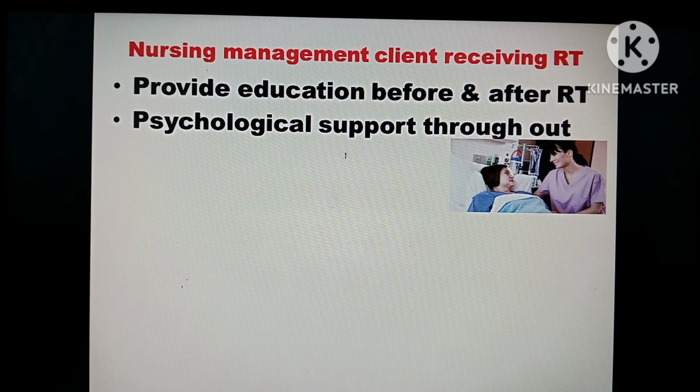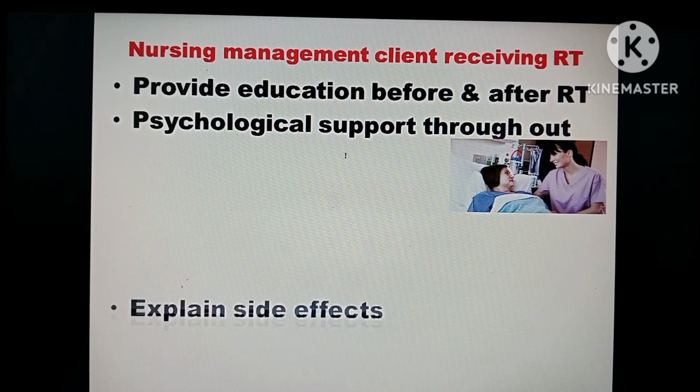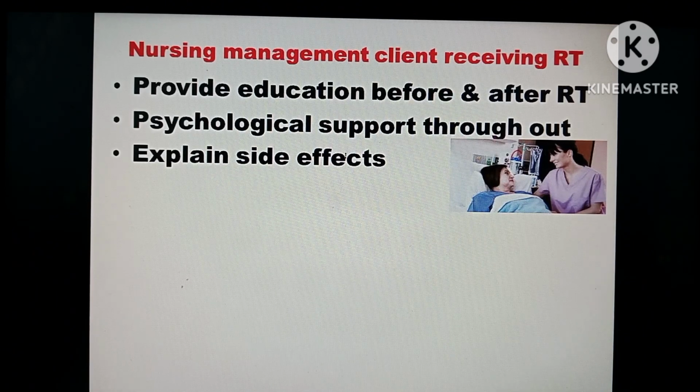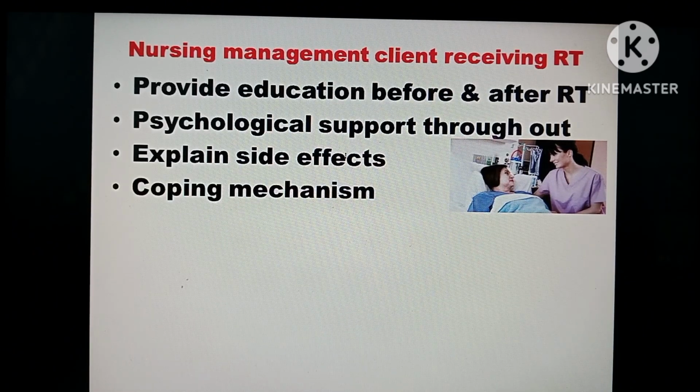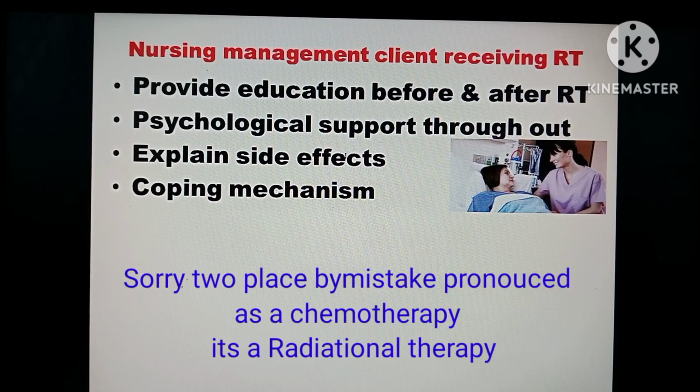Not only for the client, even family members are required. Explain all the side effects and coping mechanisms like mind diversional therapy, and make the client accept all those side effects, because the client has to undergo the therapy.